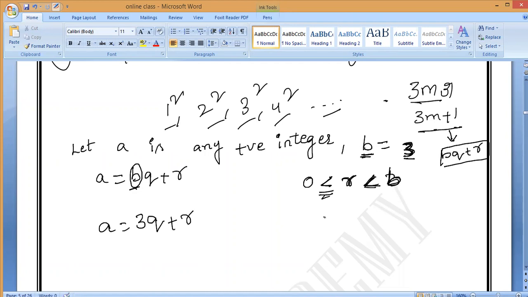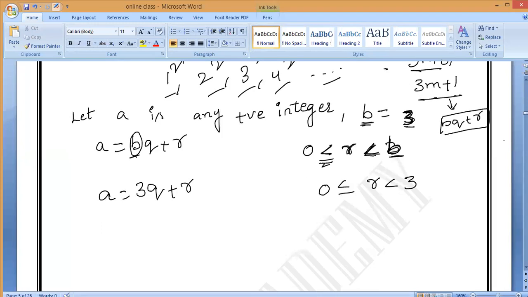The possible remainders are 0, 1 and 2. The range of r is 0 less than or equal to r less than b value. Our b value is 3. Do you understand? Yes, ma'am.